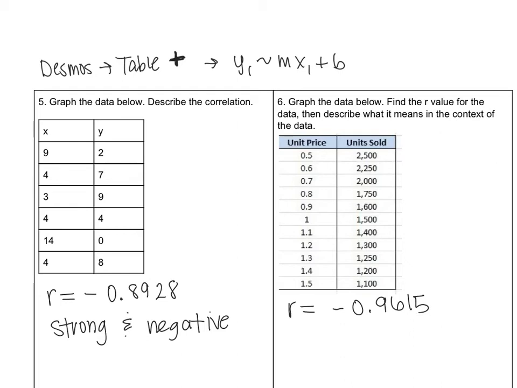So R is even stronger here because it's even closer to 1. And it is still negative, so strong and negative.